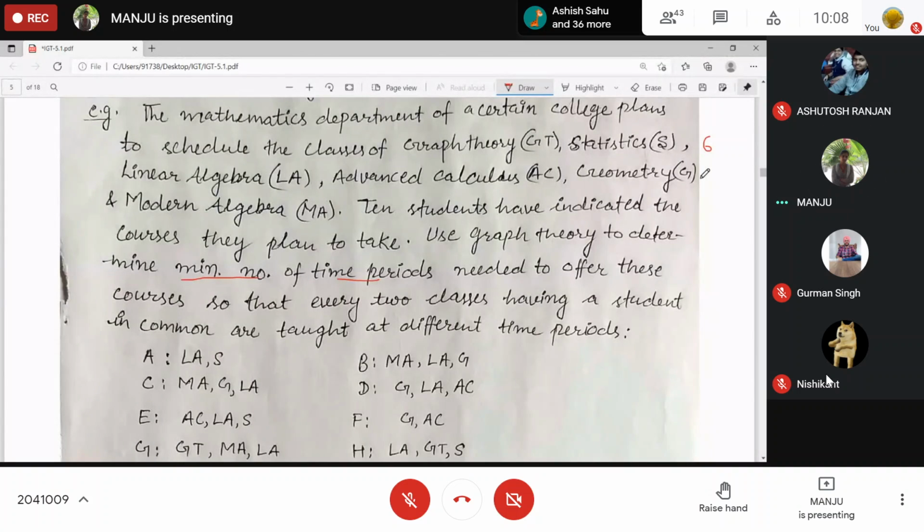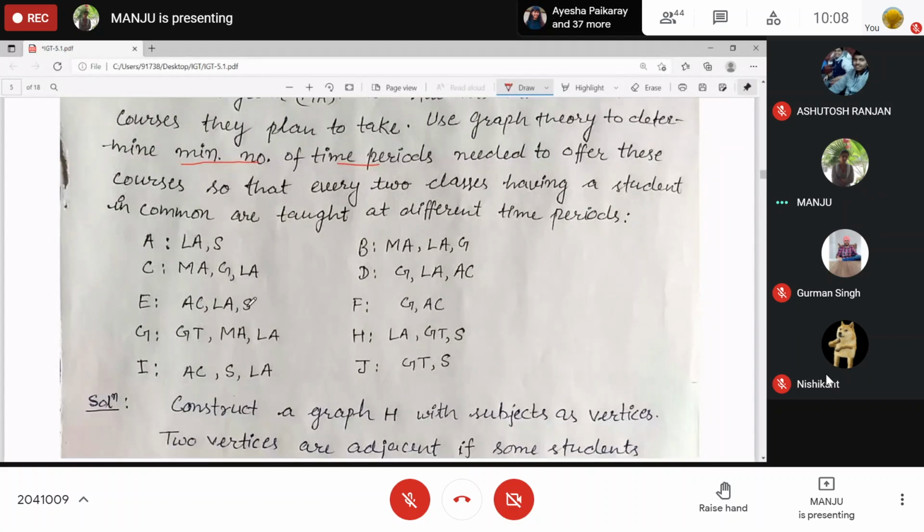Okay, so what is happening here? We will form a graph by taking these subjects as vertices. Whenever some common student is there, these are connected by an edge.